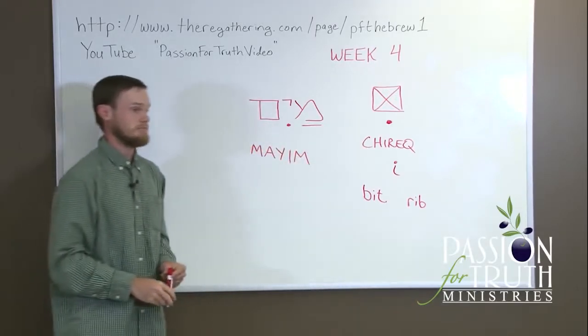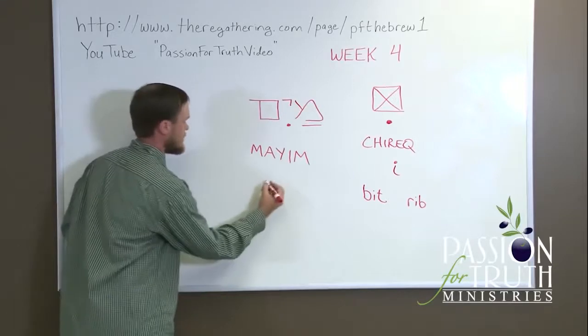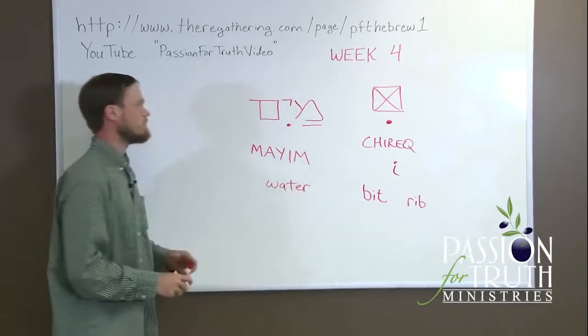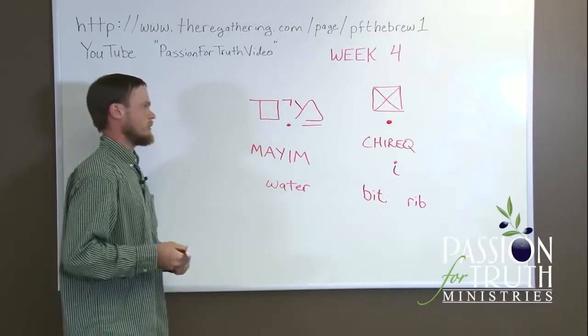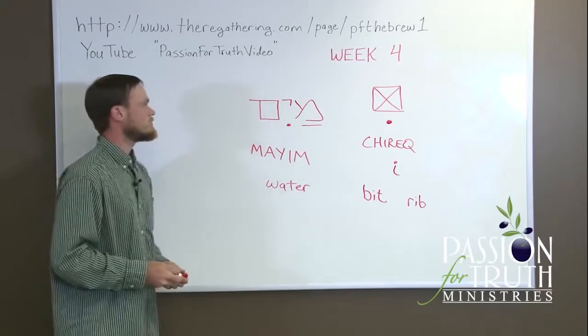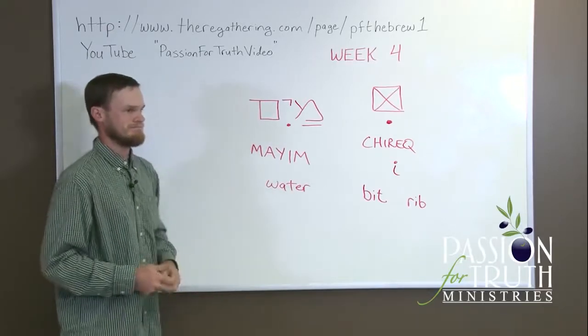And we're left with mayim. And mayim means water. Mayim is the origin of the name of the letter mem. So when you think of the letter mem, think of mayim.